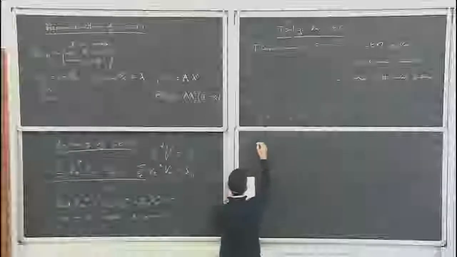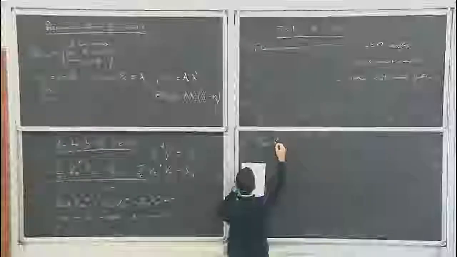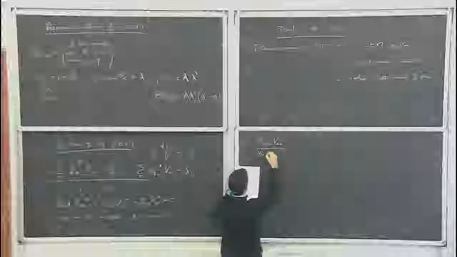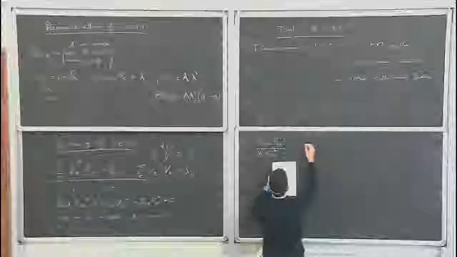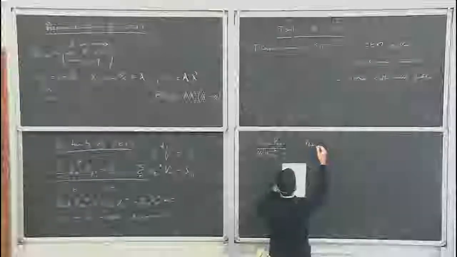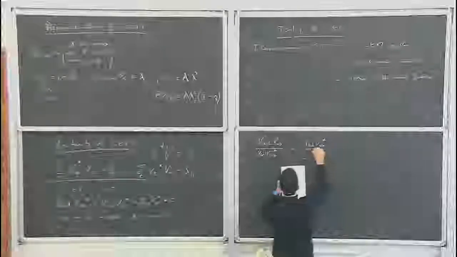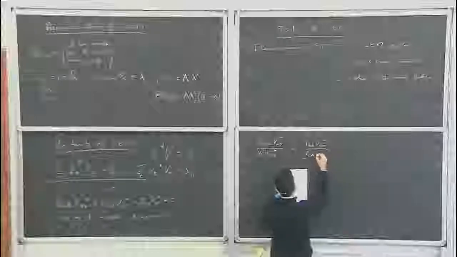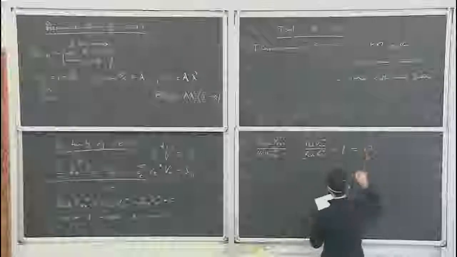We divide everything with the second term, and we can write out the same unitarity condition as VUD, VUB star over VCD, VCB star plus VTD, VTB star, so there's a star up here, over VCD, VCB star plus 1 equals 0.